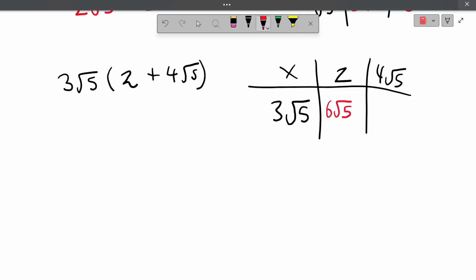Now, the next one, sometimes I find it easier writing a little sum. So we have 3 times 4 is 12, and square root of 5 times the square root of 5 is 5. So 12 times 5 is 60. And then we just add it. So you have 6 square root of 5 plus 60.